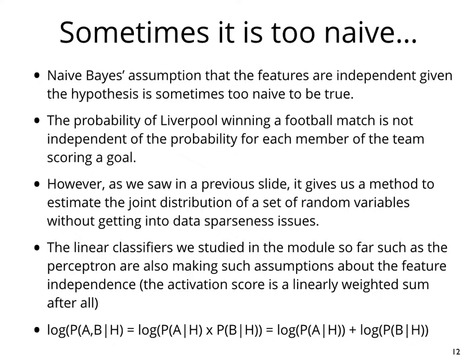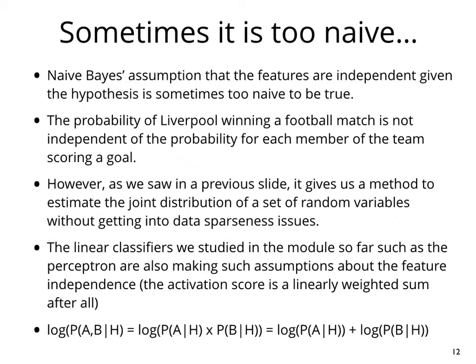Although this is quite a useful classification algorithm, sometimes this independence assumption is too naive. It will be too naive to assume, for example, that the probability of the Liverpool football team winning a match is somehow the sum of each individual player scoring a goal.